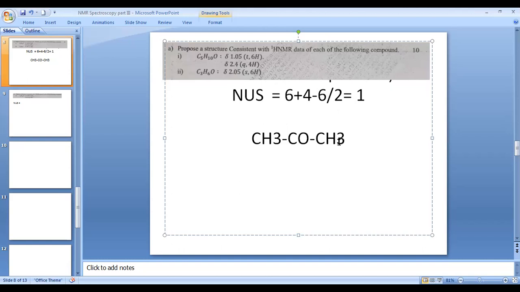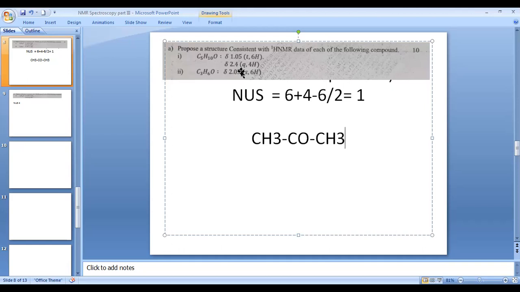One unsaturation, C double bond O. Six hydrogen atoms are there of only one type, and it is showing singlet. S means singlet. I have told you the value of acetone is near 2.1, so it is 2.05.